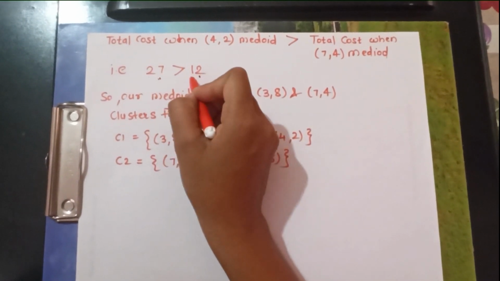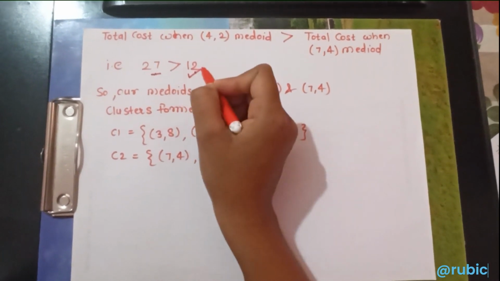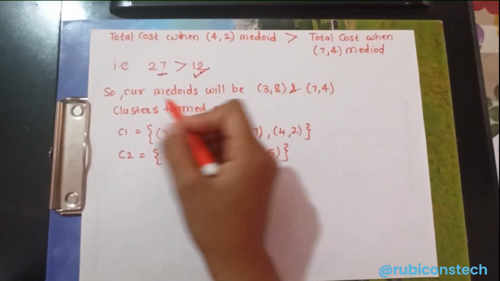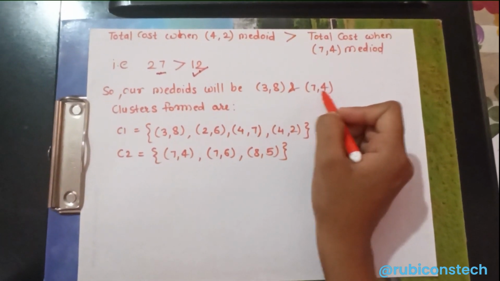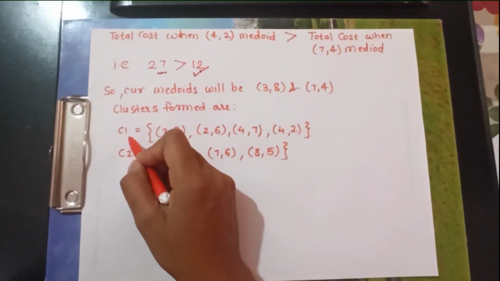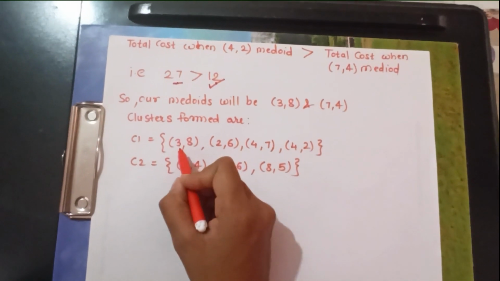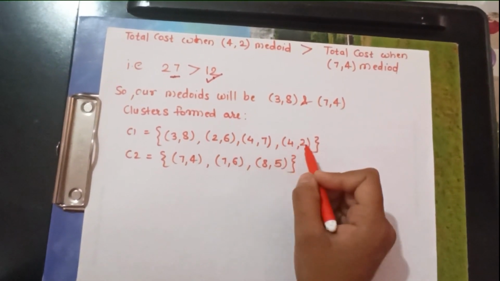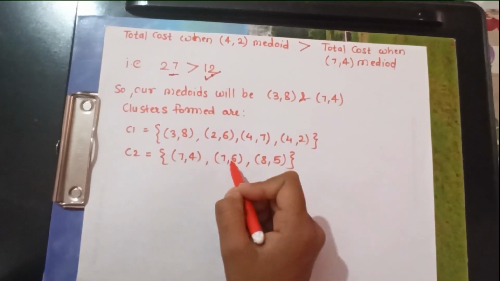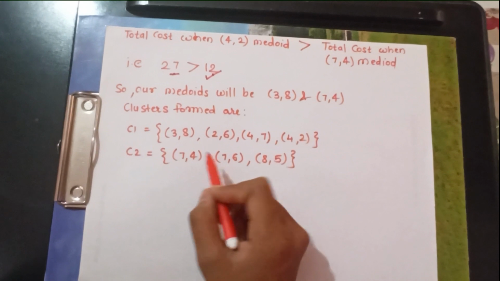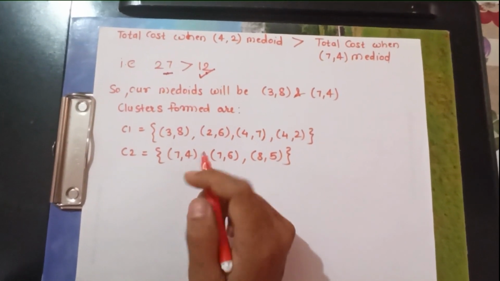As 27 is greater than 12, we will reject this medoid and consider 7, 4. So our new medoids will be 3, 8 and 7, 4. The clusters formed will be the same as we calculated above: cluster 1 with 3, 8, 2, 6, 4, 7 and 4, 2, and cluster 2 consists of your medoid 2, that is 7, 4, and all the remaining data points that are near to your medoid 7, 4.